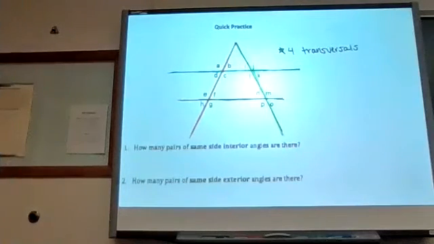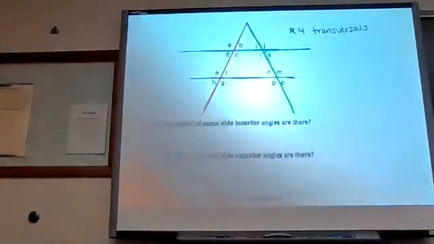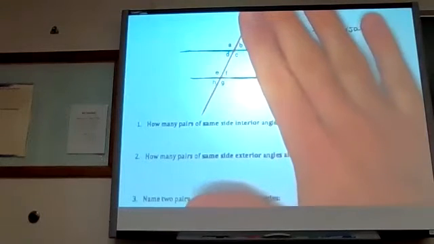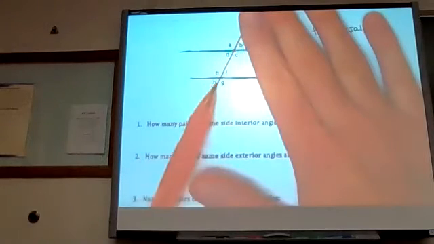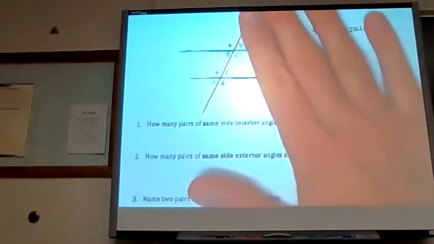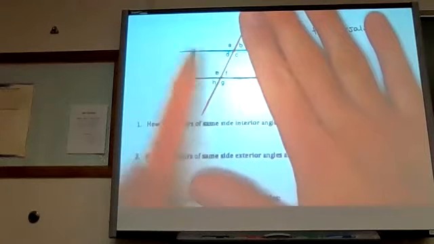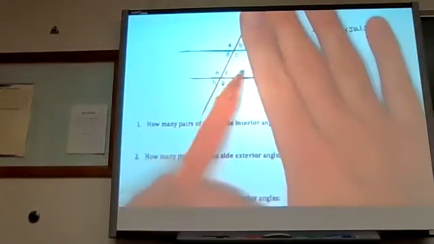Okay, so we're going to do this for each transversal. So for the orange transversal, I'm covering up the rest of the diagram. What would be a pair of same side interior angles if I'm thinking about the orange transversal? C and F, and interior.